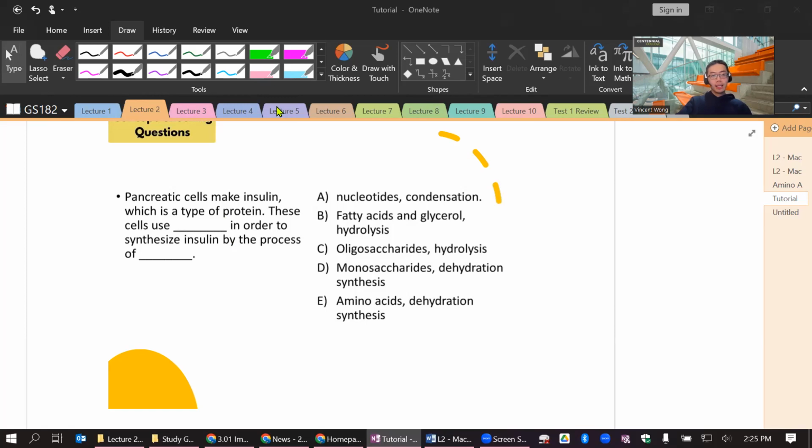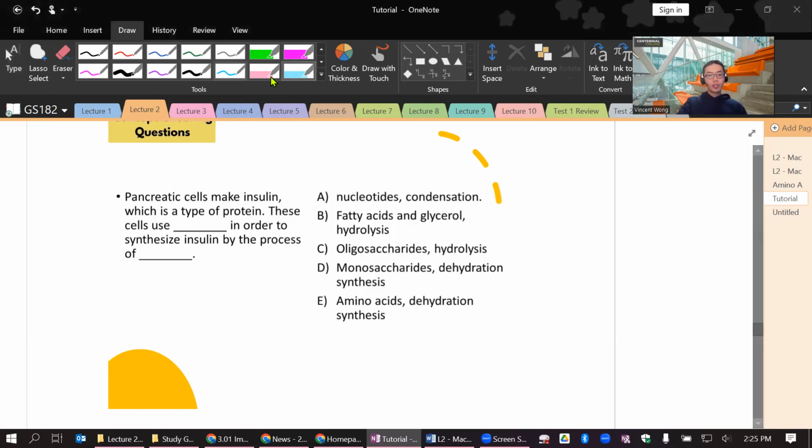Okay, let's see how we approach this question. Pancreatic cells make insulin, which is a type of protein. You don't have to know what pancreatic cells are. You don't even have to know what insulin is. What you do have to know, based on the question, is that it makes protein. So these cells use something in order to make insulin by what process? Because we are making proteins, what's the raw material for making proteins?